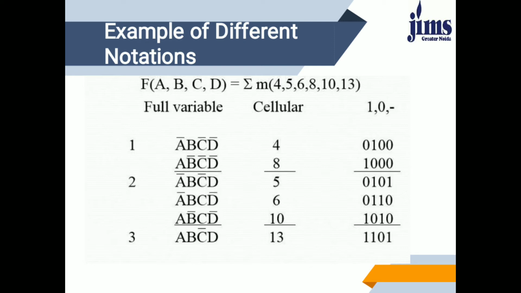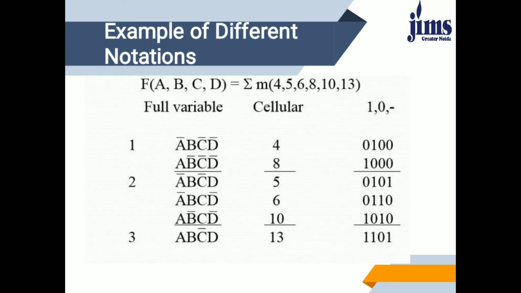First, we will write in an organized way: 4, then 5, then 6, then 8, 10, 13. Now, we will segregate these 6 terms according to their binary equivalent. 4 is represented by 0, 1, 0, 0, whereas 5 is represented by 0, 1, 0, 1.